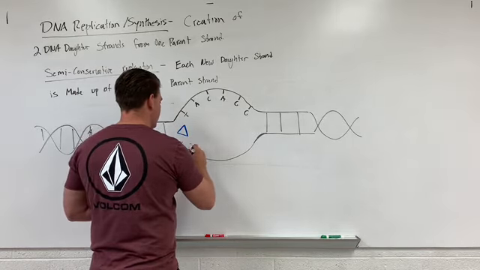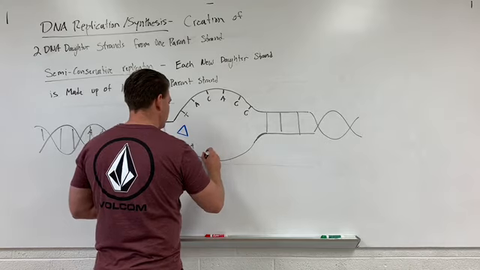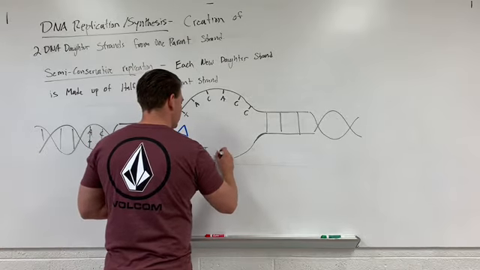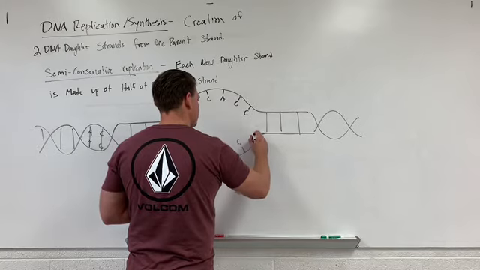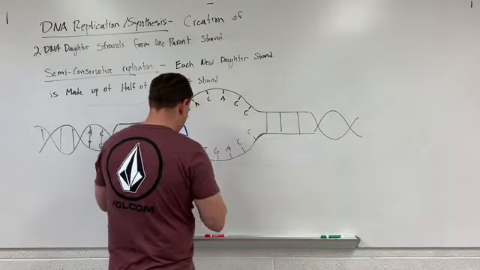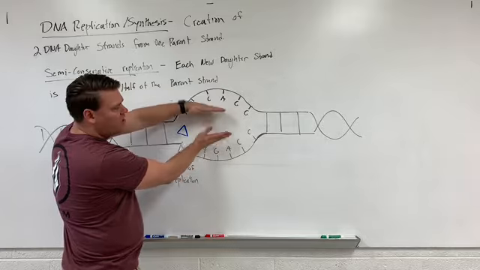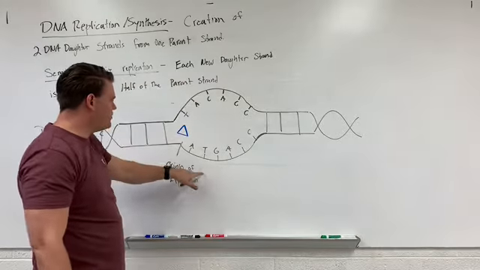So we have an A here, we have a T here, we have a G here, A here, C here, C there. So we opened up our DNA, this origin of replication.